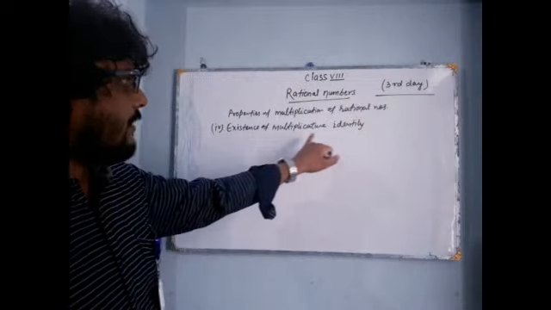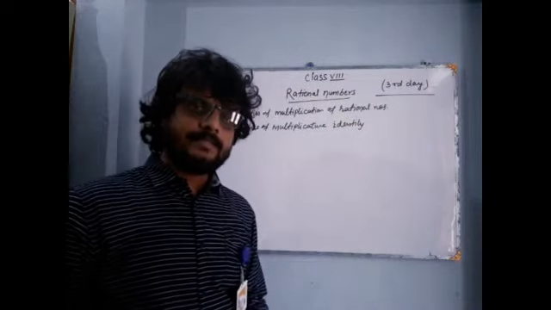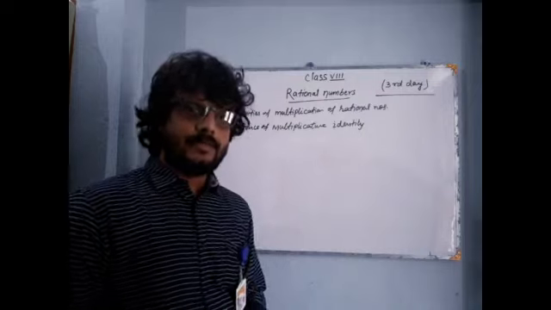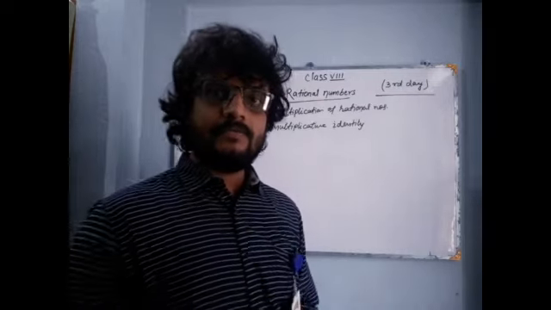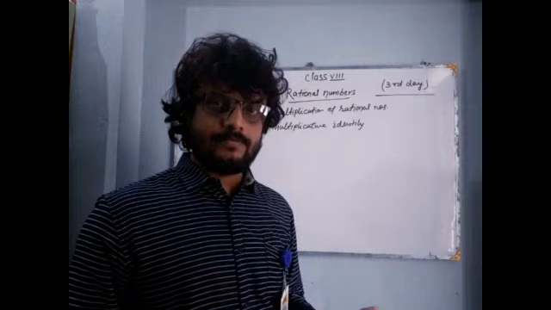This existence of multiplicative identity states that when a rational number is multiplied by 1, then the result is the number itself.